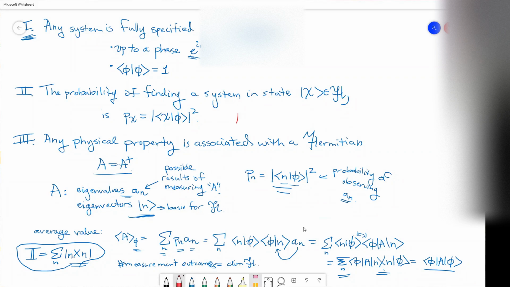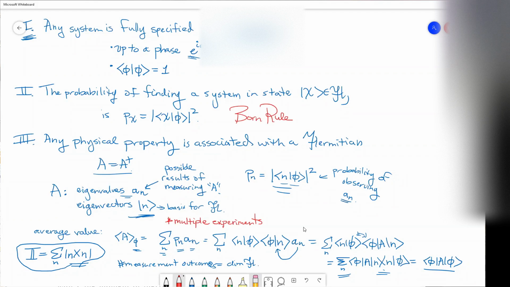This one's called the Born rule. And it's important to note that you have to perform multiple experiments to calculate the average. This isn't something that you measure once. You set up the system and then you measure some property of it, the position of something, the spin of something.